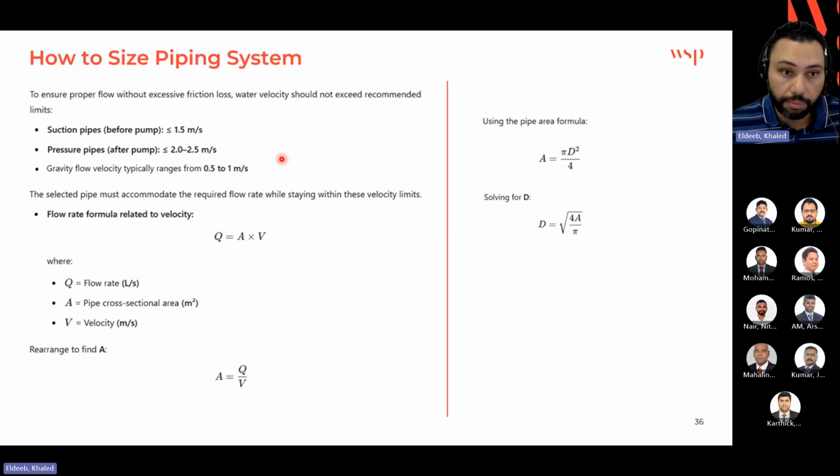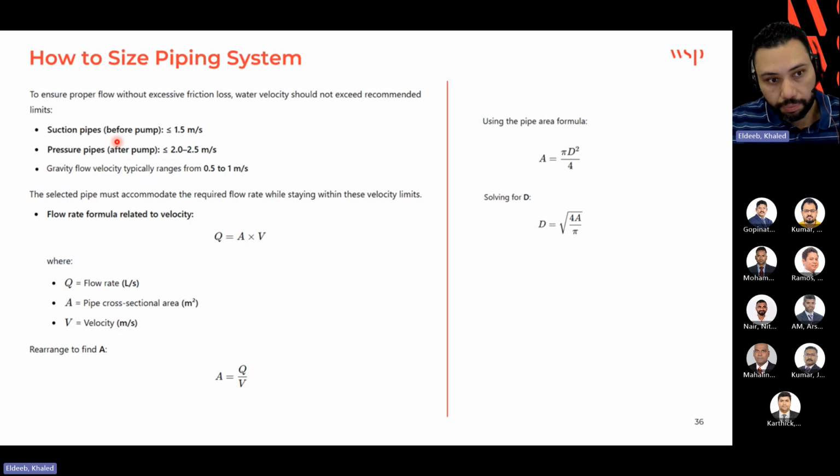In order to size the diameter of any pipe, the famous equation: the flow equals velocity times the cross section area. So if we know the velocity and we know the flow, definitely we can know the diameter. So the recommended velocities are based on the position of this pipe, if it is before the pump, after the pump, if it is gravity, so we can calculate accordingly.